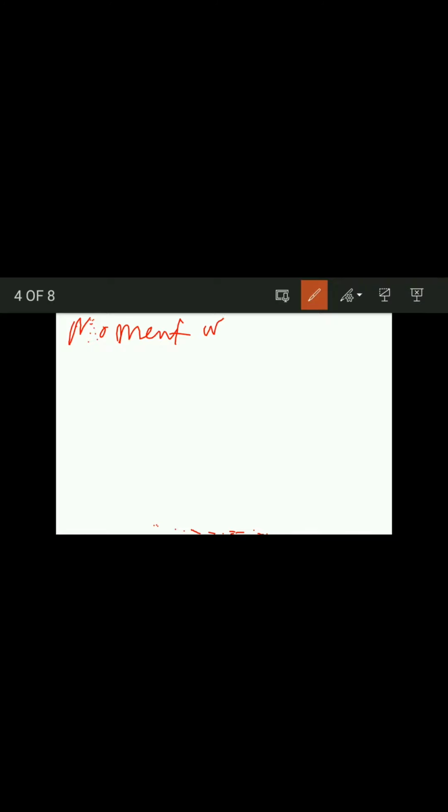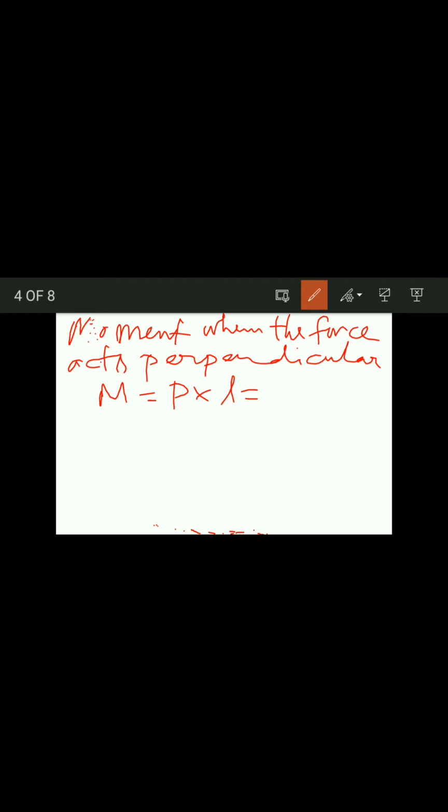Here moment M equals P into L. The value of P is 15, L is 0.8, so it will be 12 Newton meter. So this is one answer.